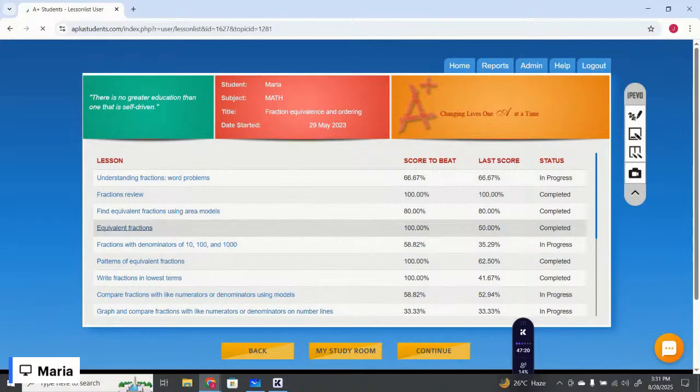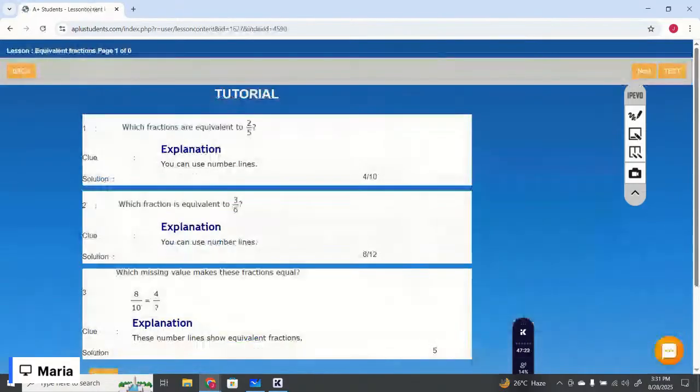Equivalent fractions. Which fraction is equivalent to 2 by 5?